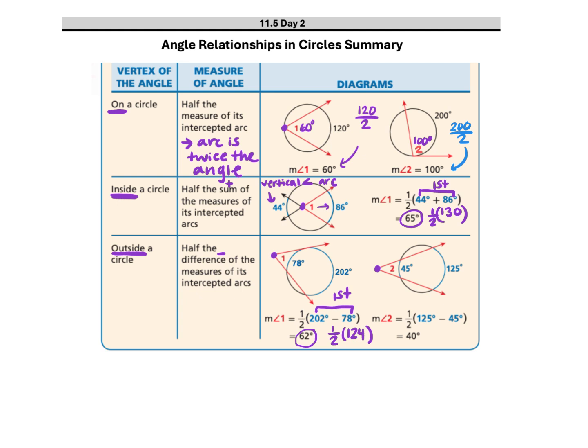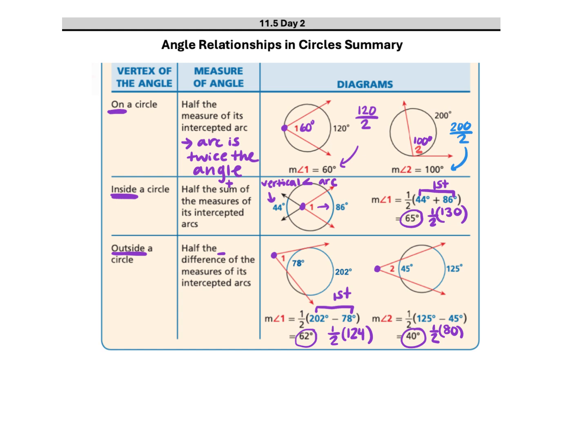Same thing for the other example that's formed by the two secants. Since the vertex is outside the circle, we can take half the difference of the arcs. 125 minus 45 is 80, and then half of 80 is where we get that 40 degrees.